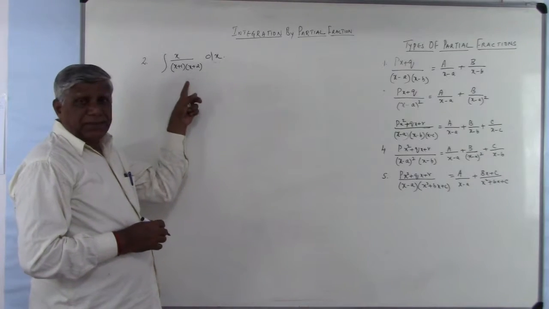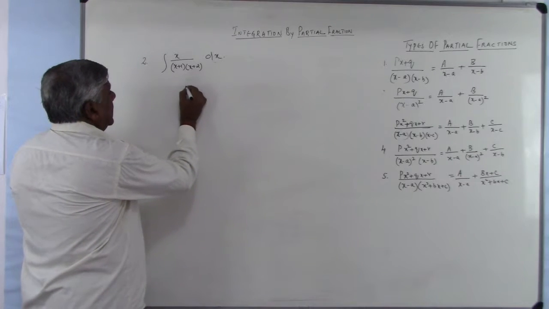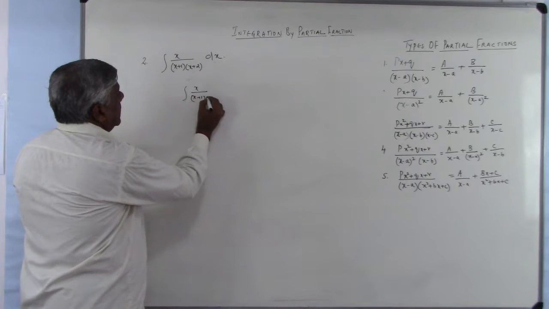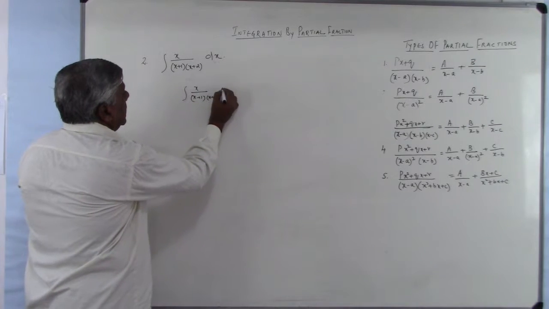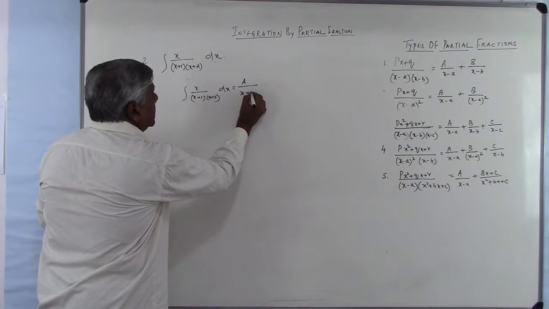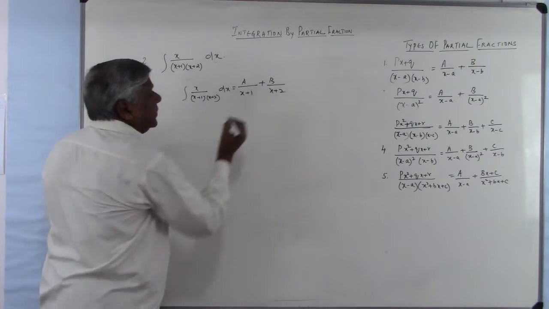So now we shall see the second problem. Here integral x over (x plus 1)(x plus 2) dx is equal to, we are splitting it like this, a over x plus 1 plus b over x plus 2.